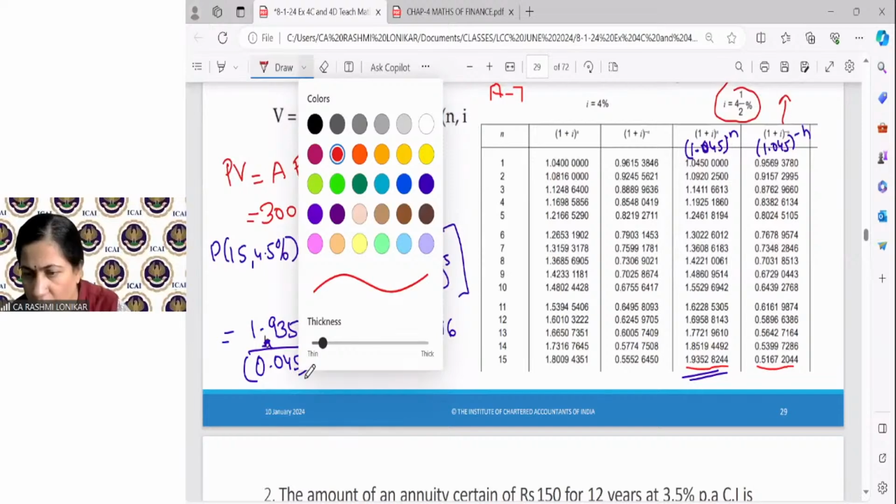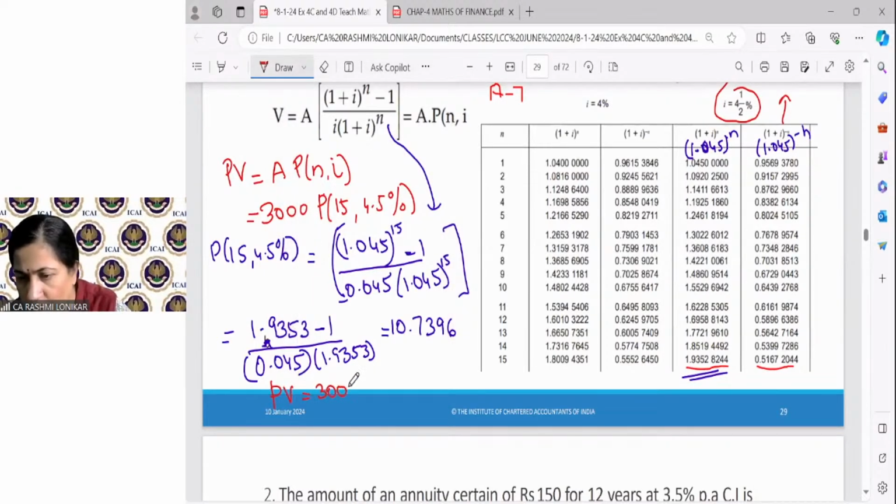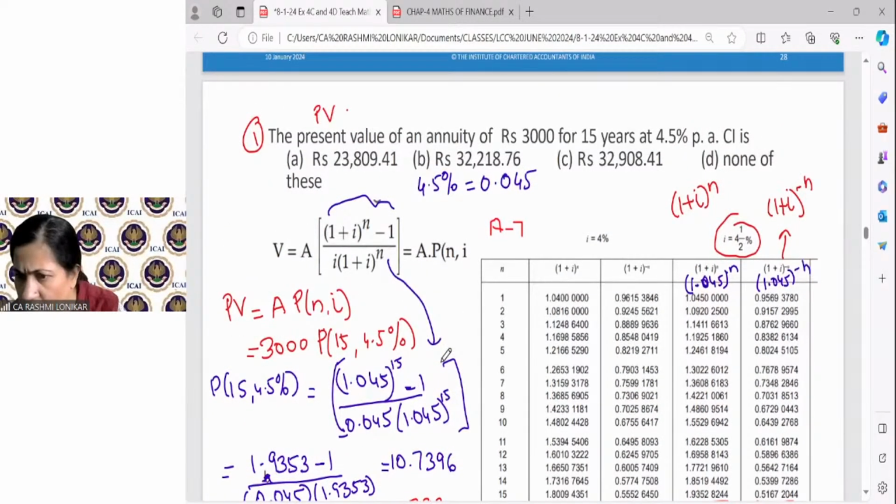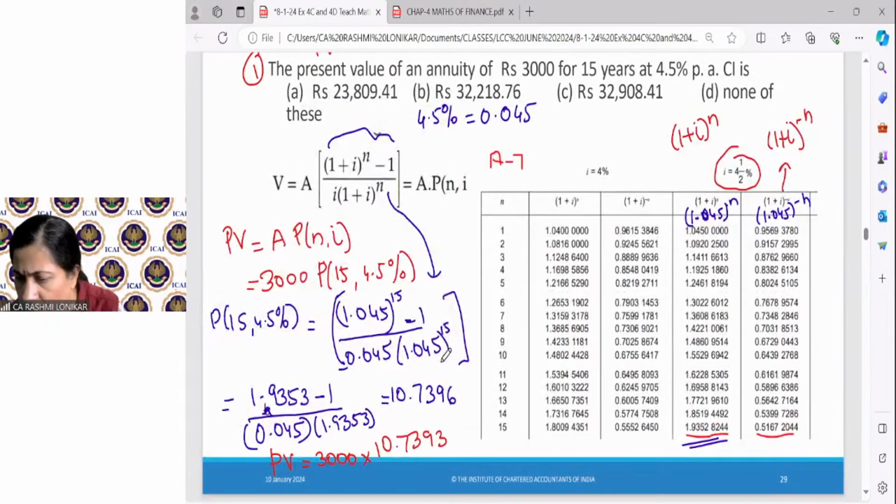So present value will be equal to 3000 into 10.7393, into 0.045, so 3000 into that is equal to 32,218.